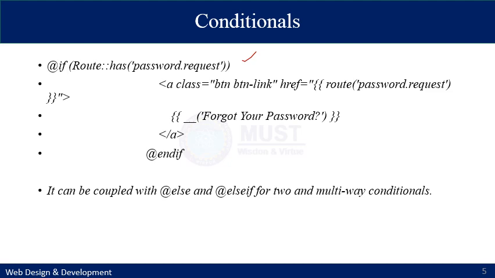The condition states that if your route has a password request, you can create your password reset request, and it will be accessed by curly braces that are used to echo the statement you provide in those curly braces. In this case we are accessing a route named password.request.